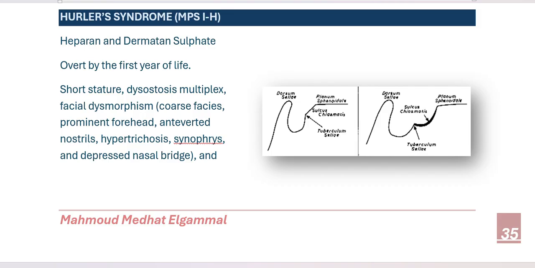It's due to accumulation of excess heparan and dermatan sulfate. It's usually overt by the first year of life.